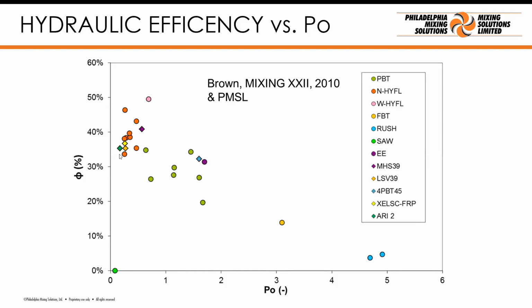Now, if we look at the hydrofoils, there's a range of between about 34% and 56%. And this is a result of the fact that we're not taking into account the impeller diameter here. We're only looking at the ratio of the power number and the flow number.